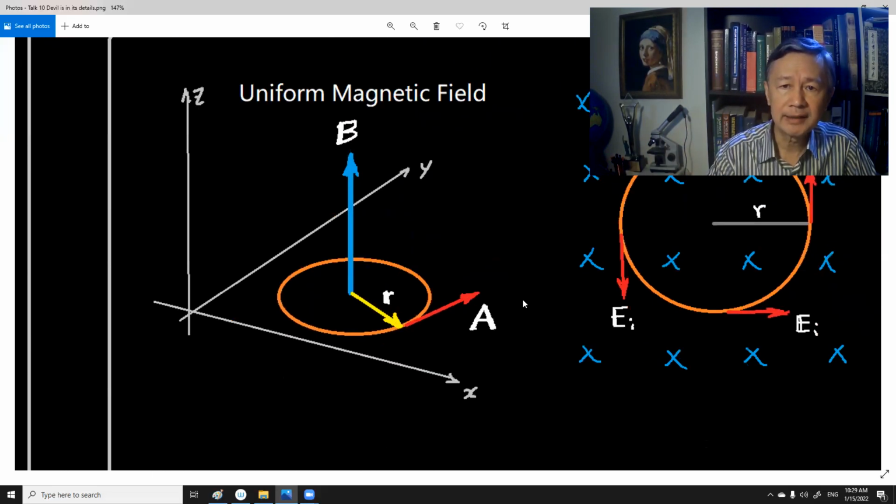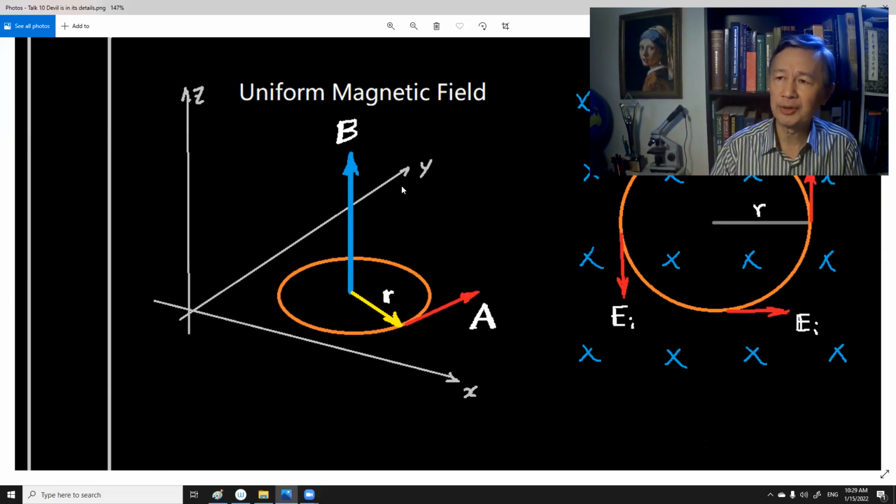Imagine that the uniform magnetic field is upward, perpendicular to the XY plane, as represented by this blue arrow. You can see this is the loop in question, and R is the vector from the center of the circle to the loop.